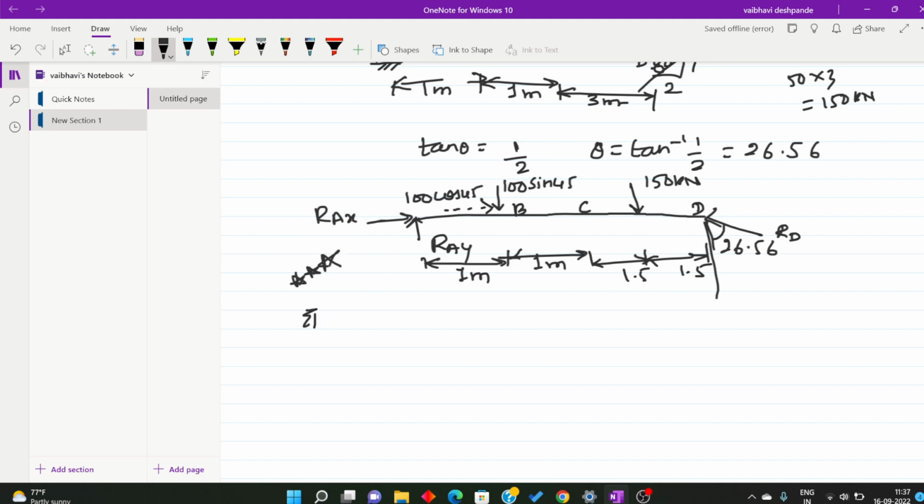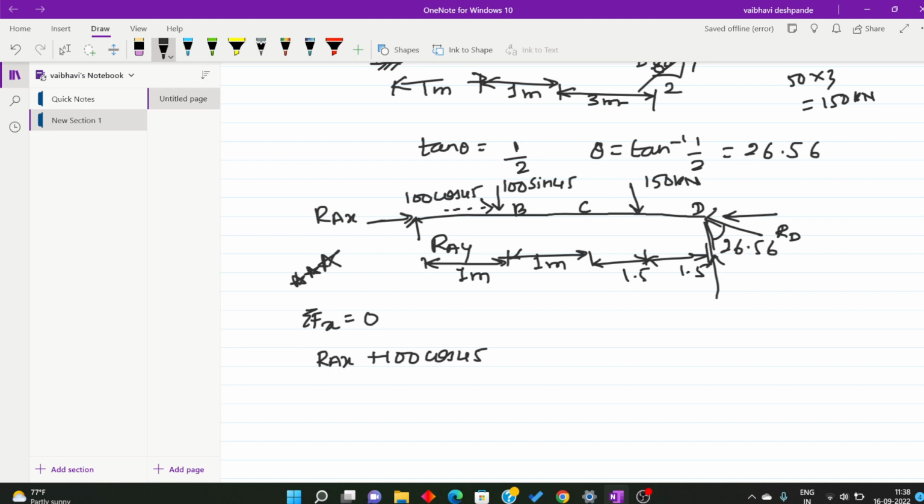That is taking sigma Fx equal to 0, applying the equations of equilibrium. So RAX is positive, then 100 cos 45 is also positive. Then we have to resolve RD. RD will have two components, one vertical, one horizontal.